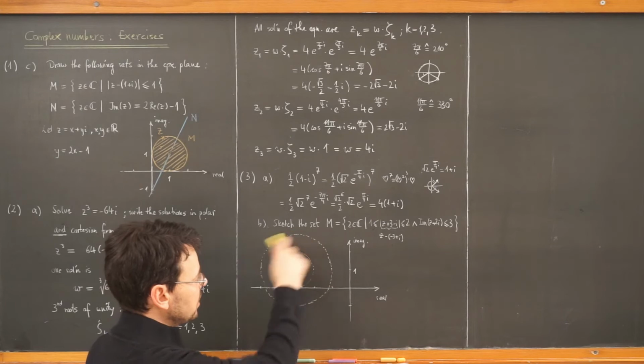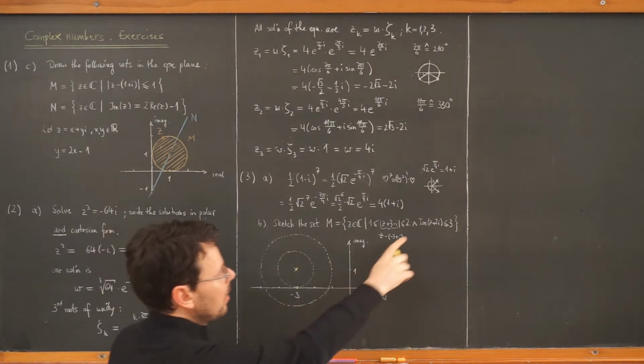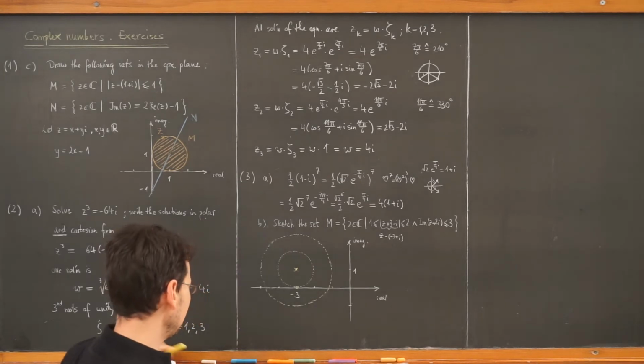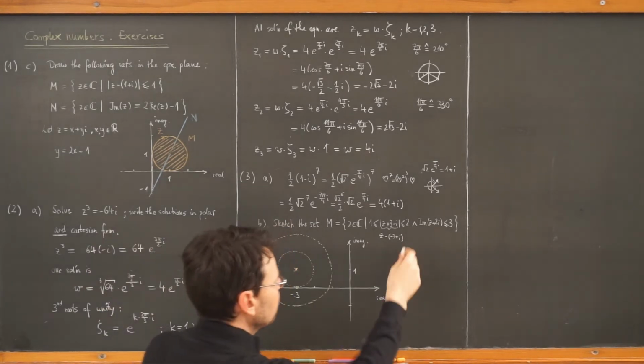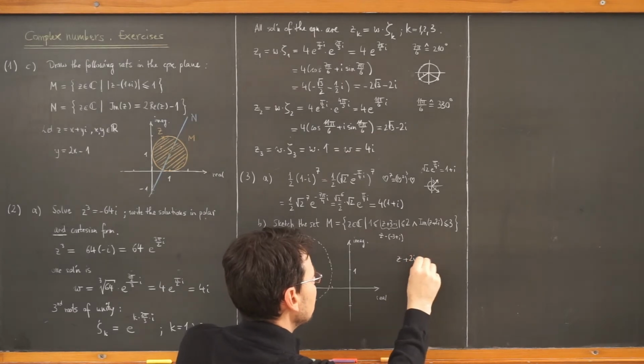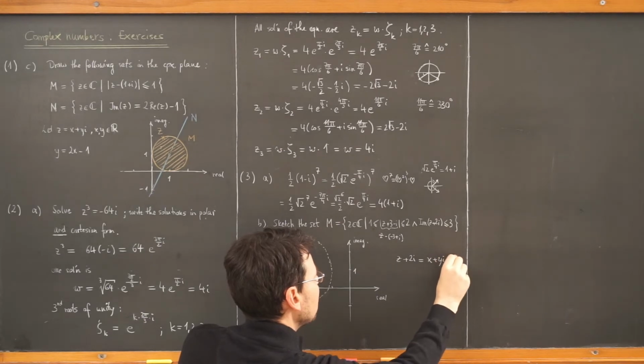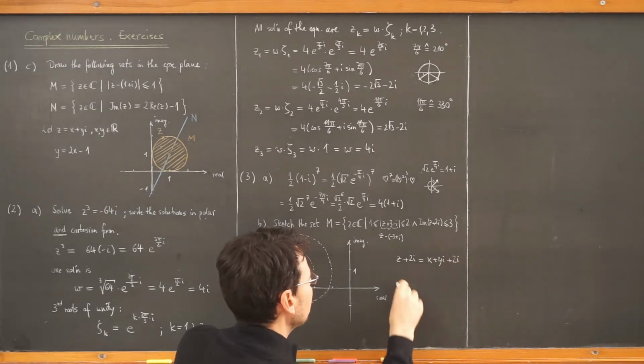So the whole set would be an annulus, in German Kreisring. But now we haven't considered the second condition. For this I write z plus 2i is x plus yi plus 2i.